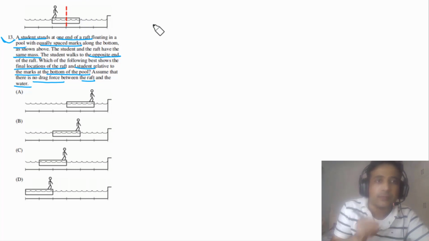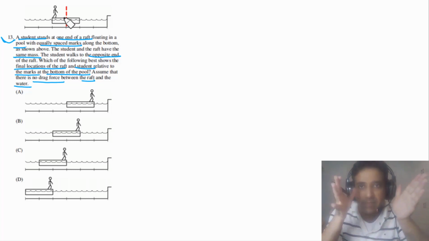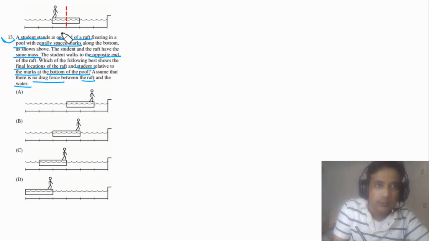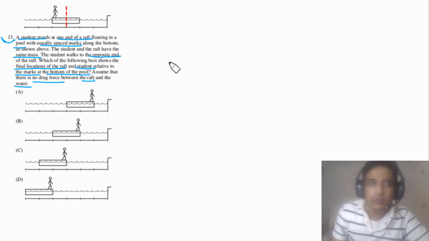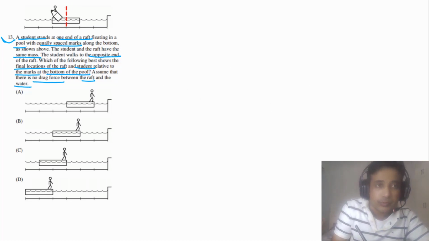So the center of mass of the raft is here. Now the boy and the raft have the same mass, so the center of mass of this whole system will be between these two objects, between the boy and the raft. So we can mark the center of mass of this system somewhere here between them.